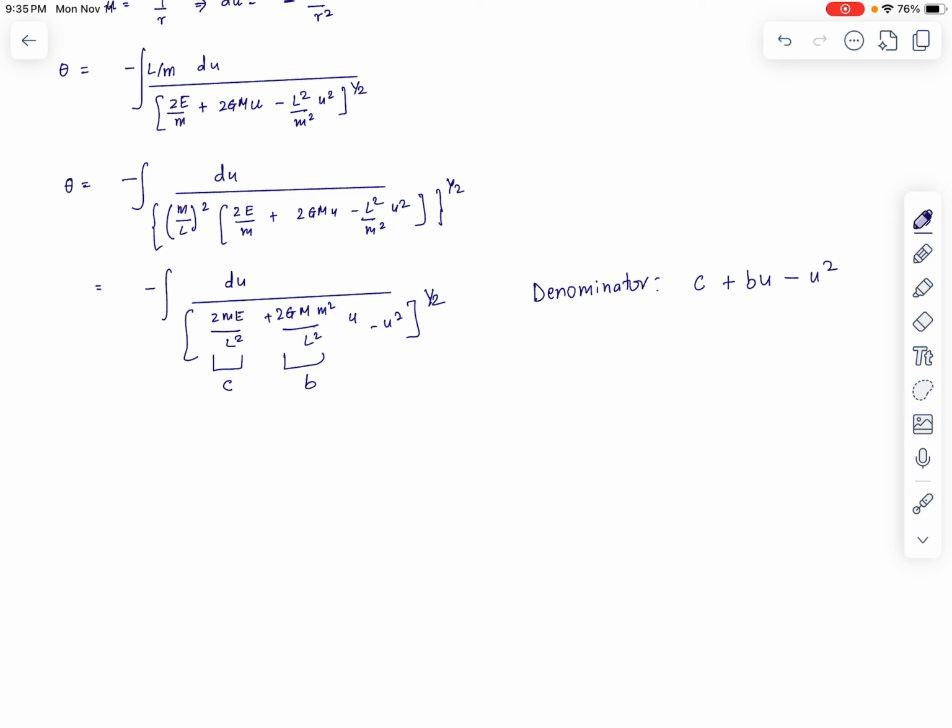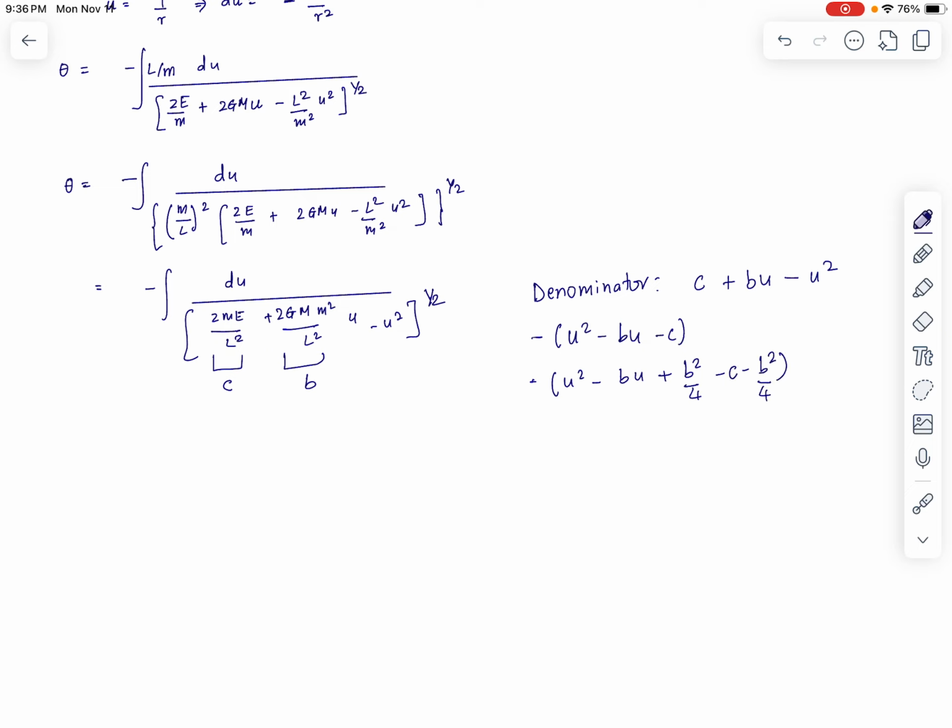Okay. So if we take a look at this and we factorize this, right? To factorize this is very simple. So you can rewrite this as minus u square minus bu minus c, right? And so you can write this as minus u square minus bu plus b square divided by 4 minus c minus b square divided by 4.